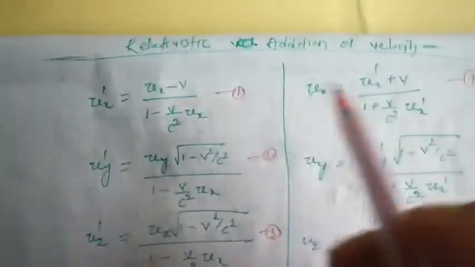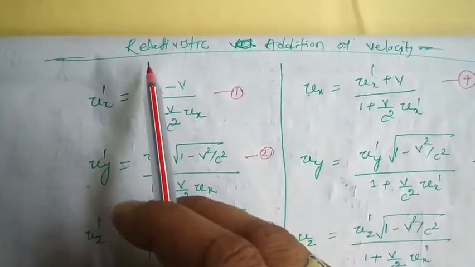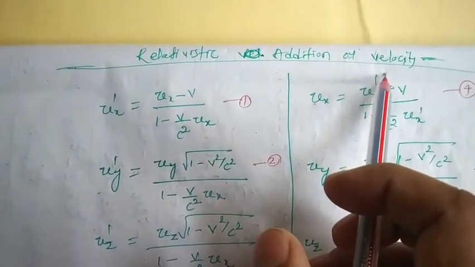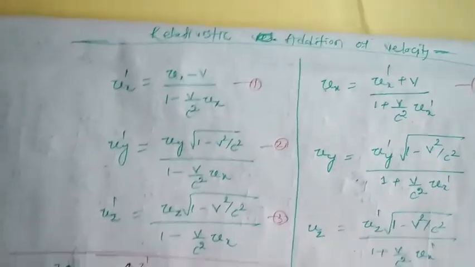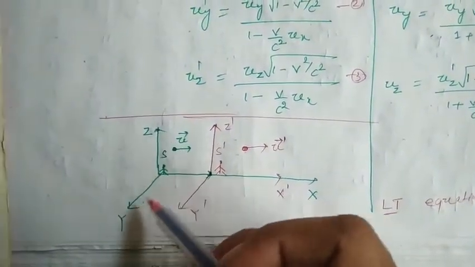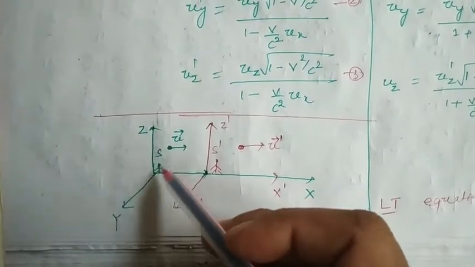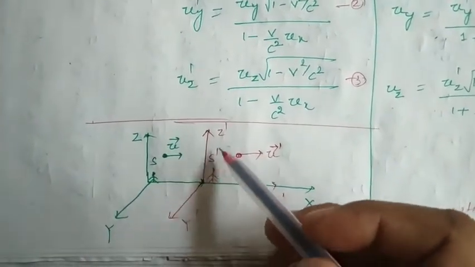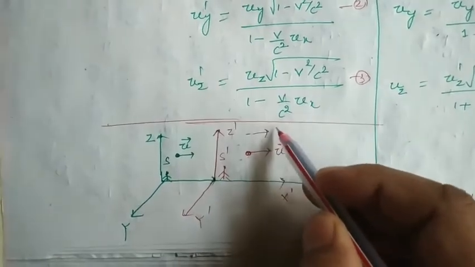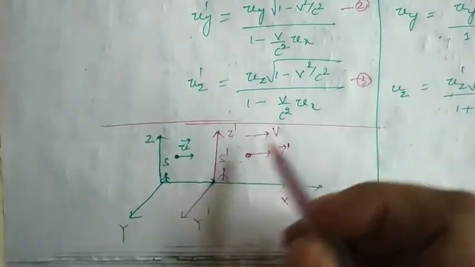In our last class, we discussed relativistic addition of velocities. Suppose this is a frame of reference S. Another frame of reference is S dash, which is moving with velocity v with respect to the S frame.